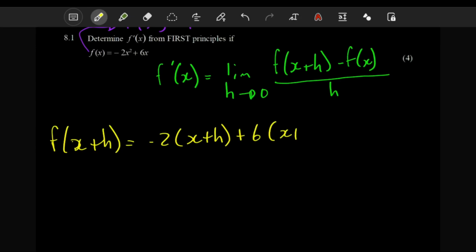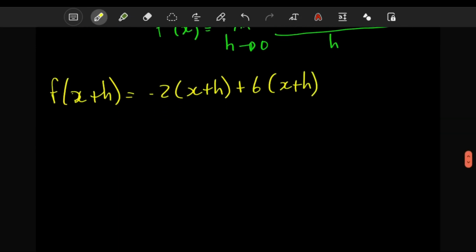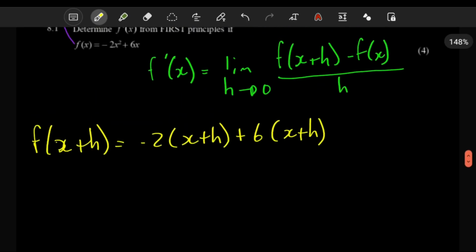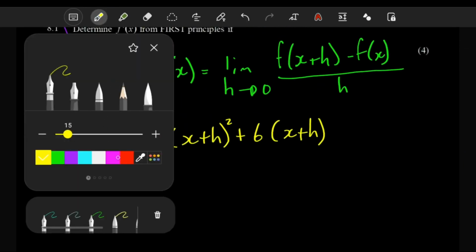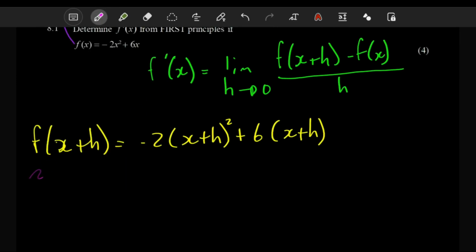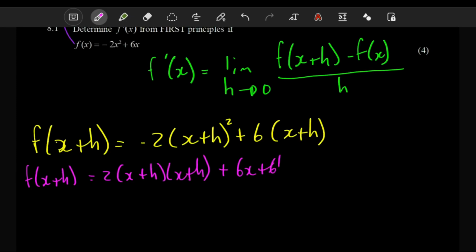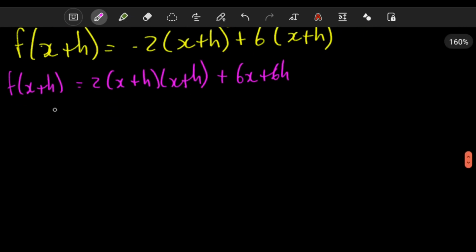So let's put here x plus h, and see what it gives us. I have to put a square here. I had forgotten. So simplifying this, there's a 2 here, there's x plus h squared, and then 6x plus 6h. We have to be careful because the 2 is outside.